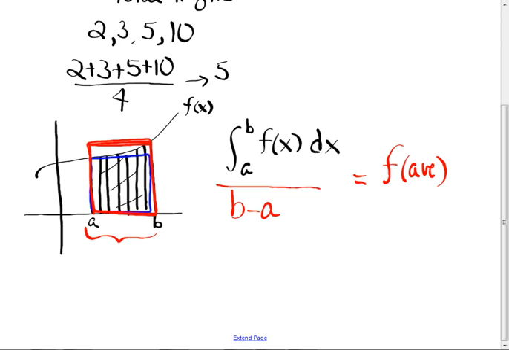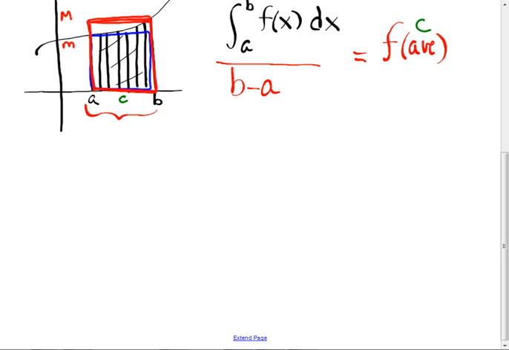Do you agree? This is the minimum one. That's the maximum. Isn't my area somewhere between that? Okay, so let's call this place where I have the average, let's call that C. Somewhere in between there, I know my area is between, guys.